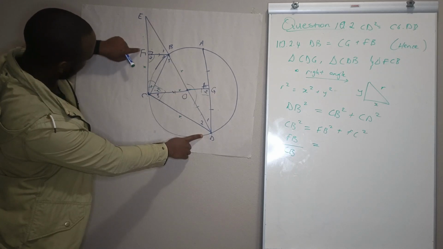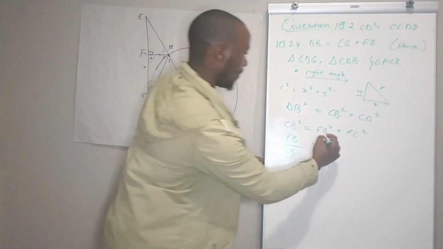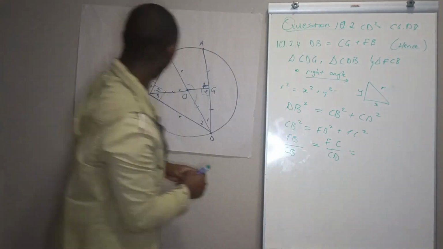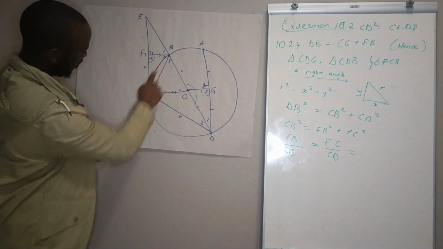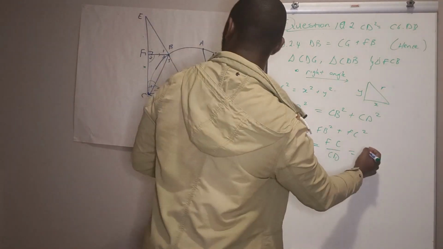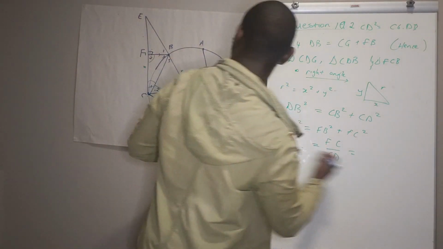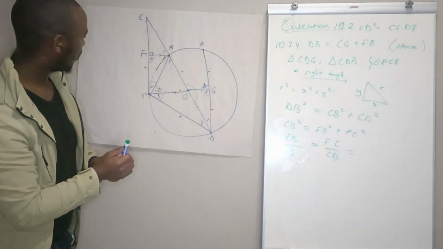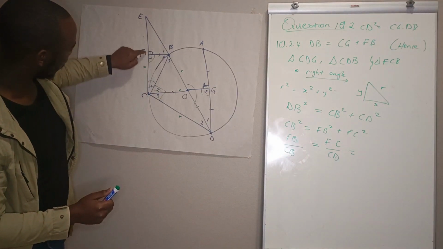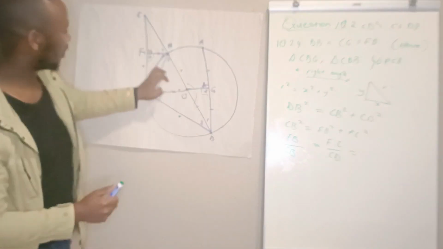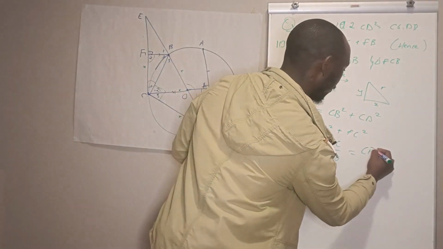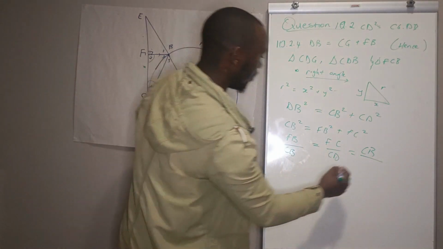So FC over CD, and that should also be equal to CB over DB. So we have FB over CB, and then we have FC over CD. Then the last one is our CB, the CB that forms part of this triangle. So CB over DB.